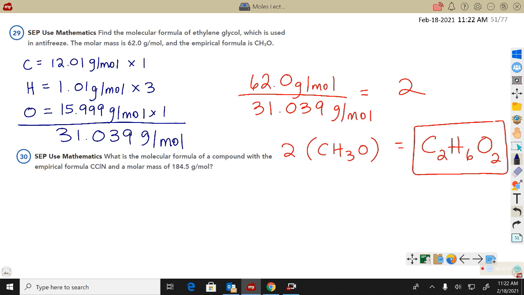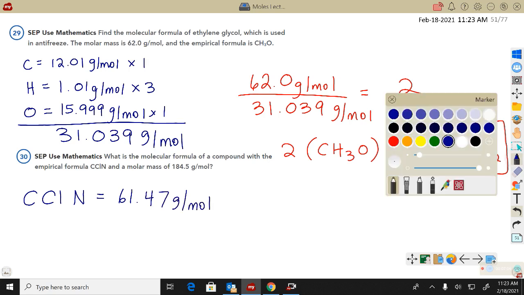All right, well, let's add them up. The CClN has a molar mass of, add them right off your periodic table, 1 carbon, 1 chlorine, and 1 nitrogen. Awesome. I'm right around 61.47 grams per mole.